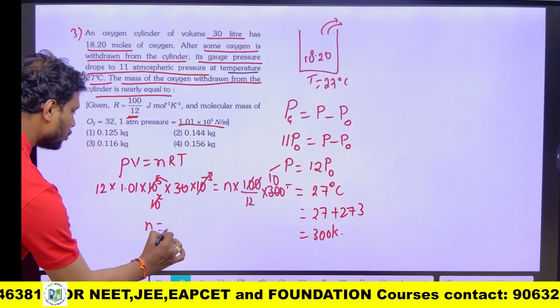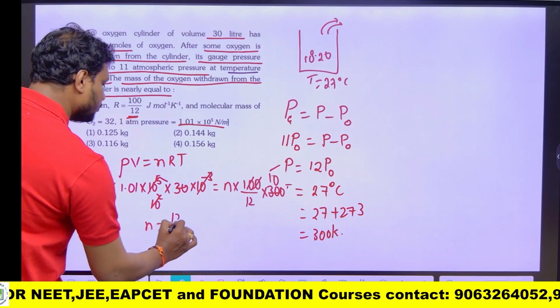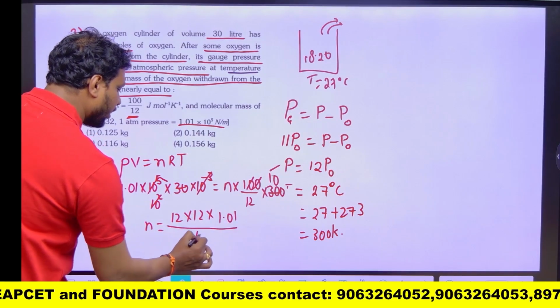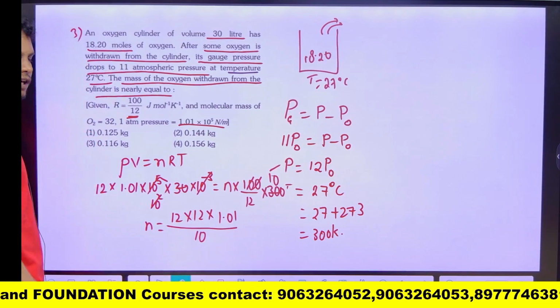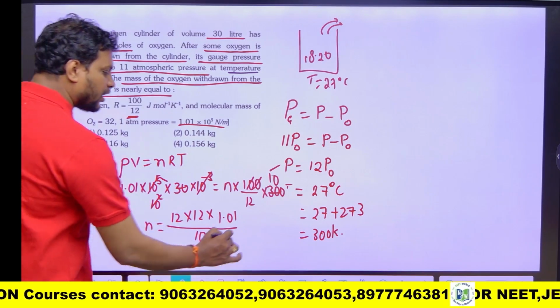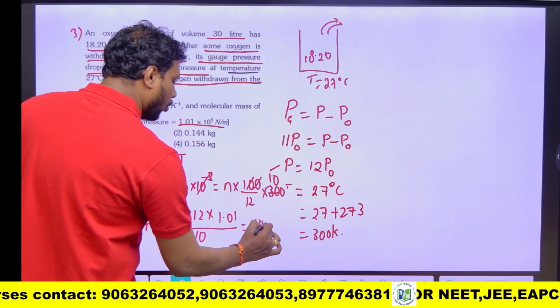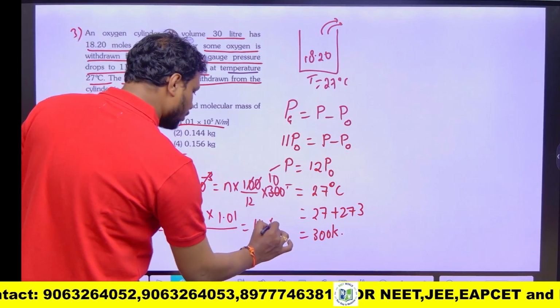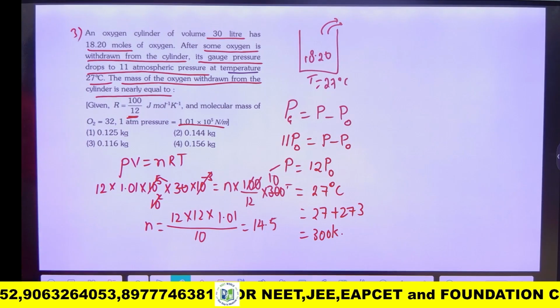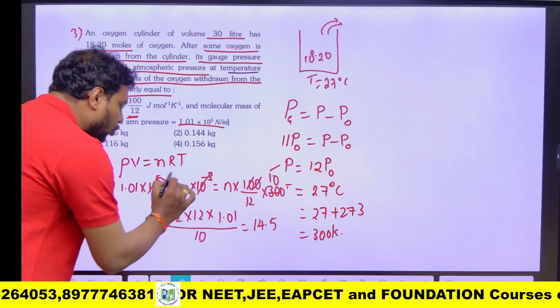Then the number of moles is equal to 12 into 12 multiplied by 1.01 whole divided by 10. So it will be approximately 12 12s are 144. So 12 square is 144. Approximately you will get 14.46 or 5. So if you multiply, approximately you will get 14.5. So this is the number of moles left.